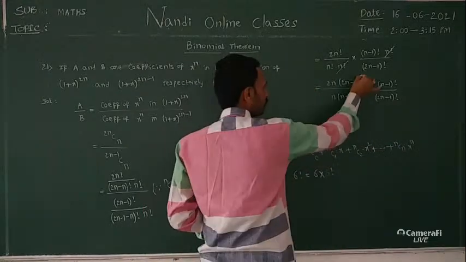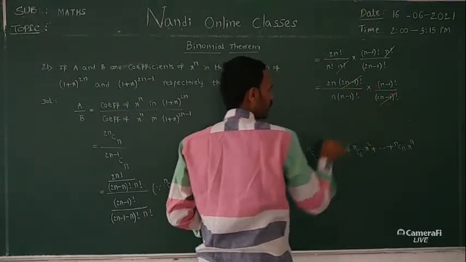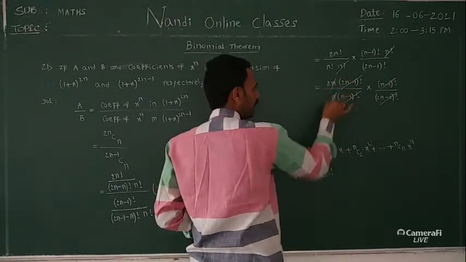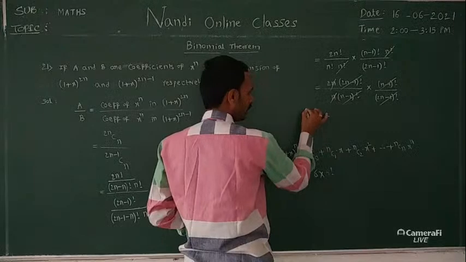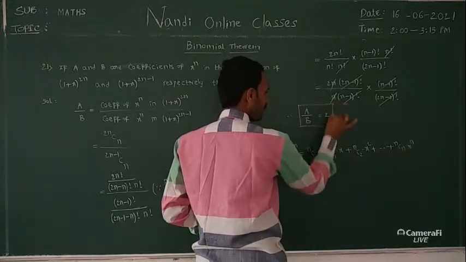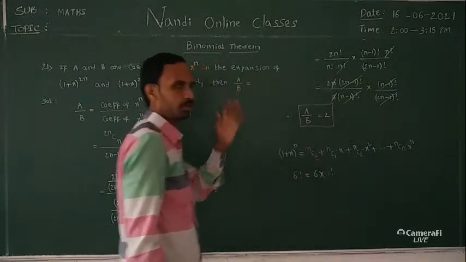Cancel it: (2n minus 1) factorial cancels, (n minus 1) factorial cancels, n cancels, and it is equal to 2. So that is the value of a by b. What is the a by b value? It is 2.